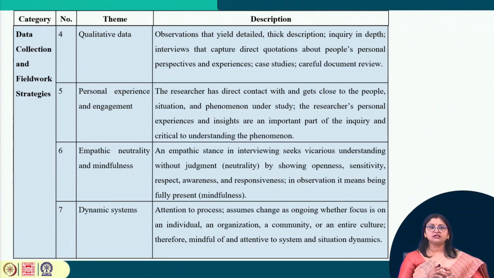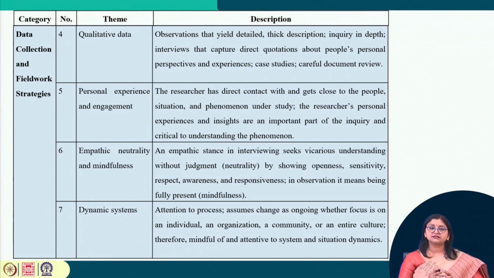So, here they divided it into different parts. The first theme is qualitative data: observation that yields detailed, thick description, inquiry in depth, interviews that capture direct quotations about people's personal perspectives and experiences, case studies, careful document review, etc. are coming under this qualitative data.